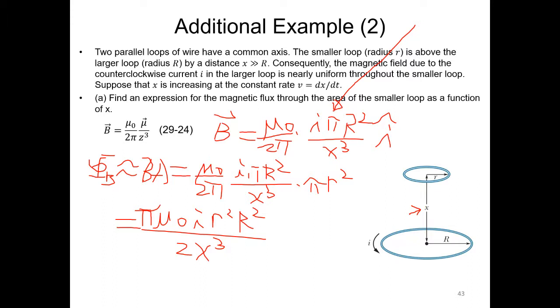So we have pi mu 0 I, r square, capital R square on the top. So this is the answer of question A.